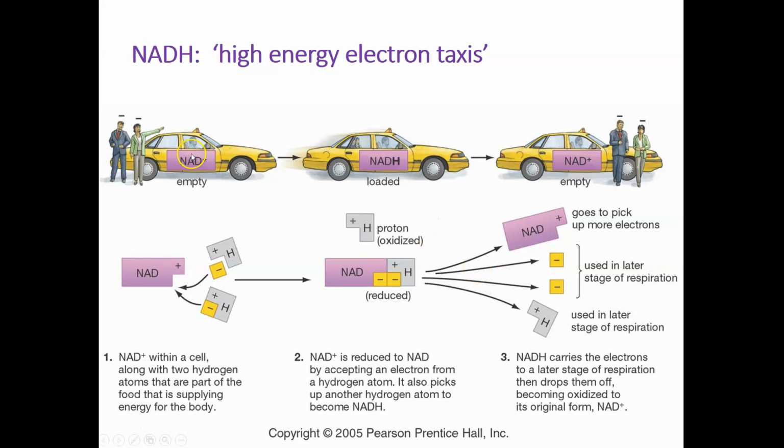The NAD+ is acting as a taxi and literally carrying the electron to another part of the cell. So it's NAD+, it's now carrying that electron. Where is it carrying it to? It's going to carry it to the electron transport chain, step 4 in our overall breakdown of glucose.